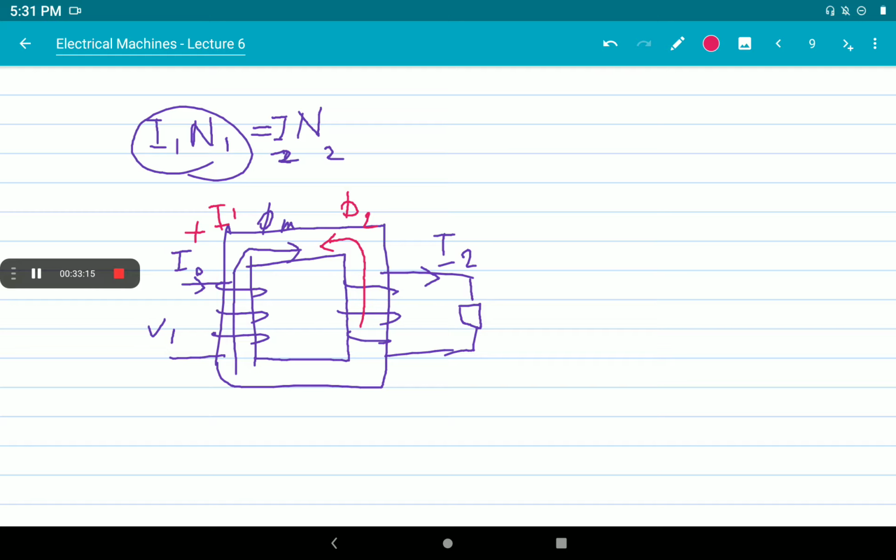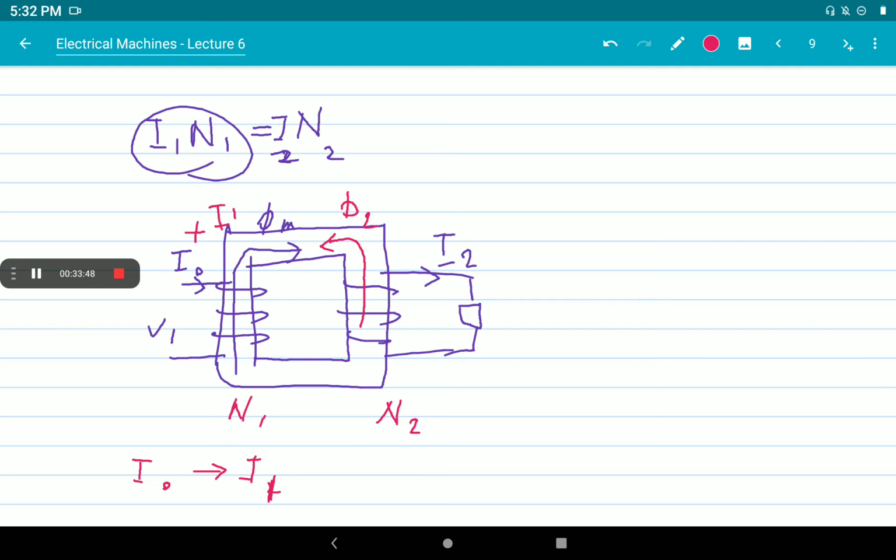This is the number of turns in the primary and this is the number of turns in the secondary. N1 and N2 are the numbers of turns, and I0 changes into I1 when it is loaded. So I0 is the magnetizing current. When the load is connected, the primary current increases to I1. So I1 N1 should be equal to I2 N2.